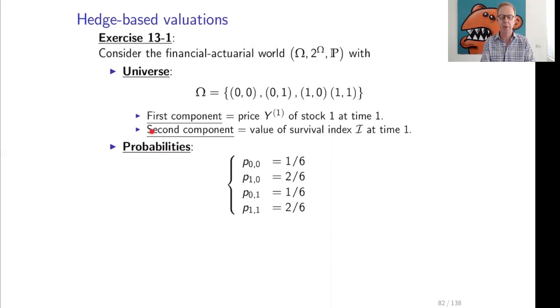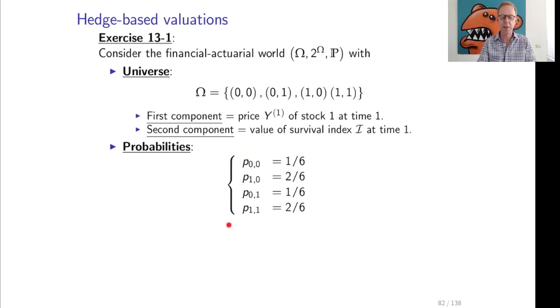And the second component, the value of the survival index I at time 1. So for instance, the couple (0,0) is the outcome where the value of the stock will be 0 and the value of the survival index 0. So as you see, both value of the stock and survival index can only take the values 0 and 1.